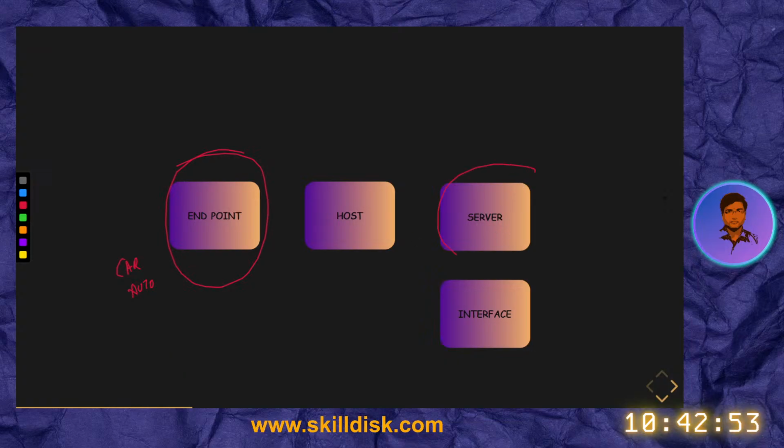Then the server will be the server of Uber or Ola or Namayatri. They have their own server where they track the vehicle details, everything. Then the interface is your mobile app.